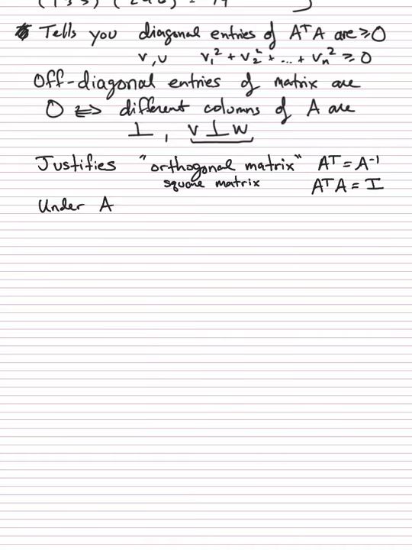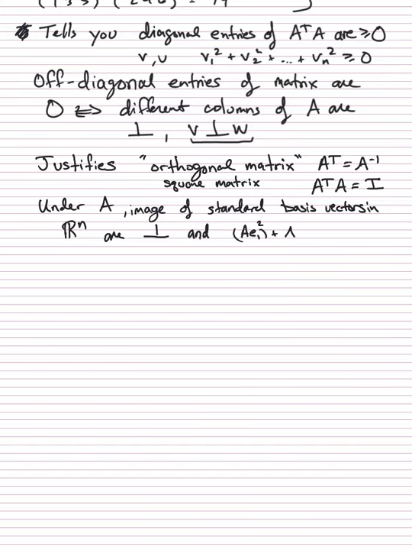So under A, the image of, say, the standard basis vectors in Rn are all perpendicular. And for any of them, if you look at the expression Ae1 squared plus Ae2 squared up through Aen squared, you get 1. So sometimes this is called an orthonormal collection of vectors.